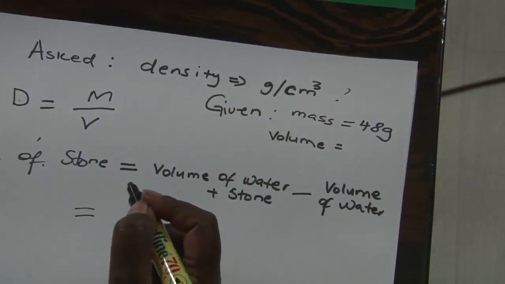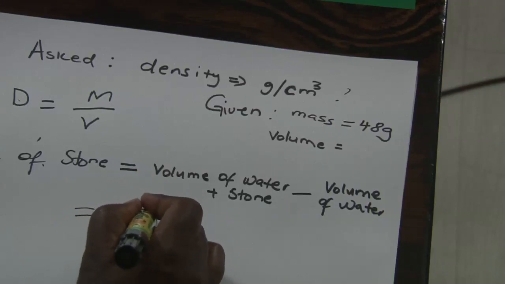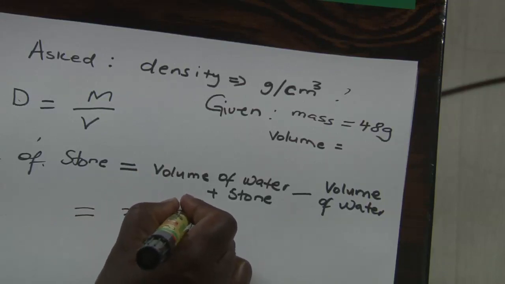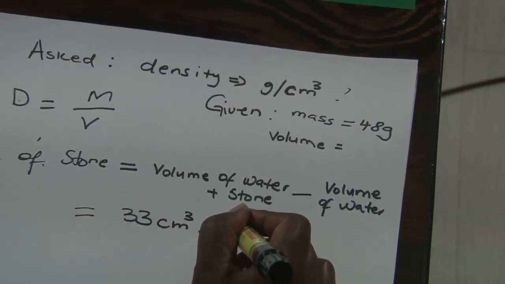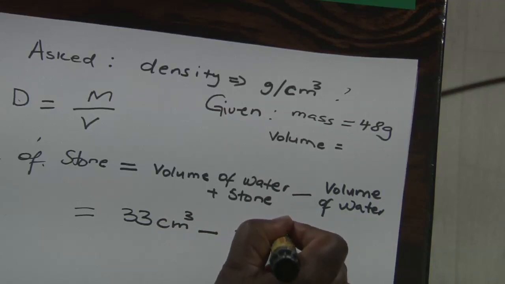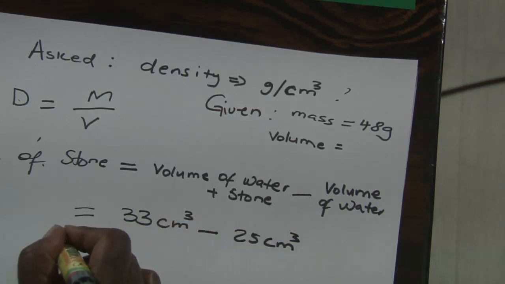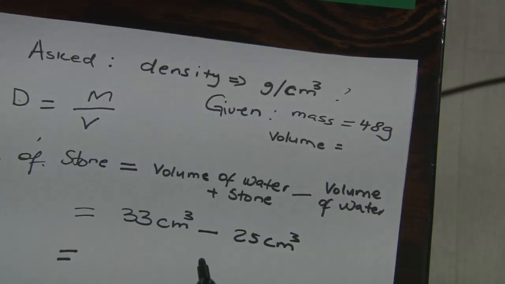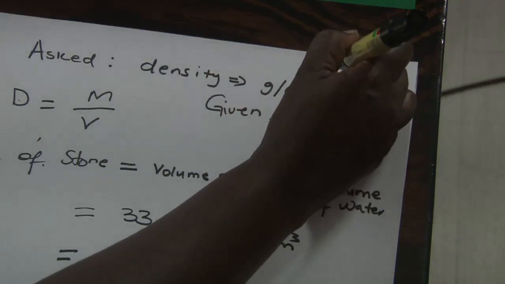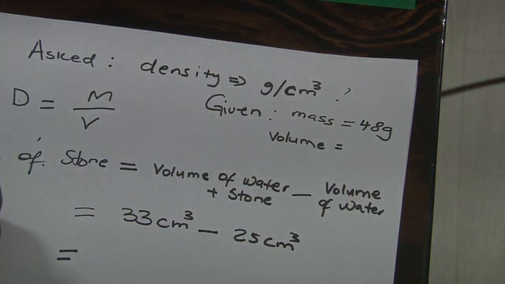So if we read it off, it's 33 cubic centimeter minus 25 cubic centimeter, and this gives us 33 minus 25.